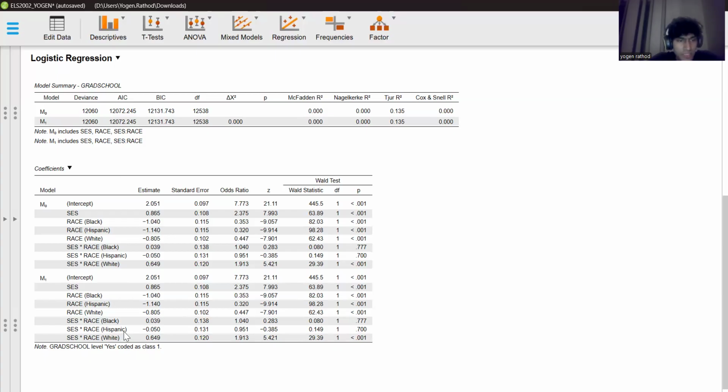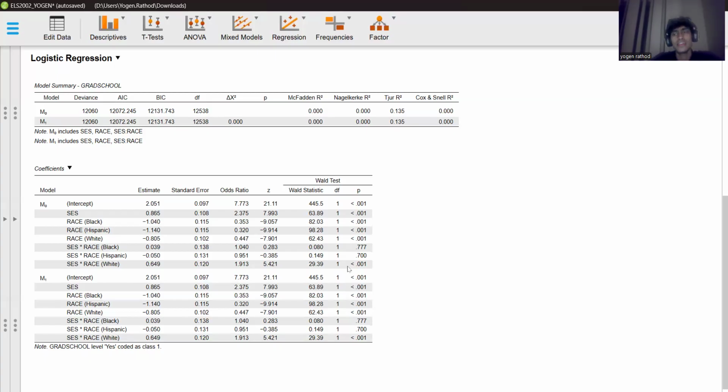These were not statistically significant. This indicates that for these groups, the relation between SCS and graduate school attendance does not differ significantly from the reference group. So we got this result from the second question.